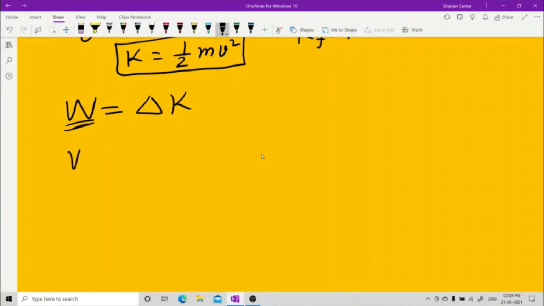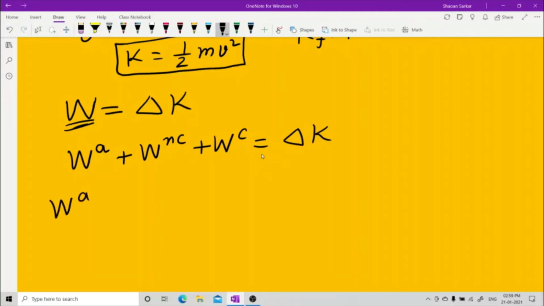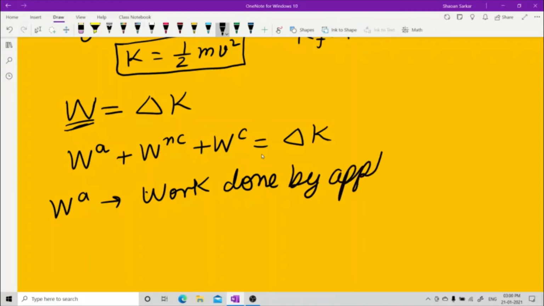This signifies WA plus WNC plus WC equal to delta K. Now let me write down: WA is the work done by applied force.